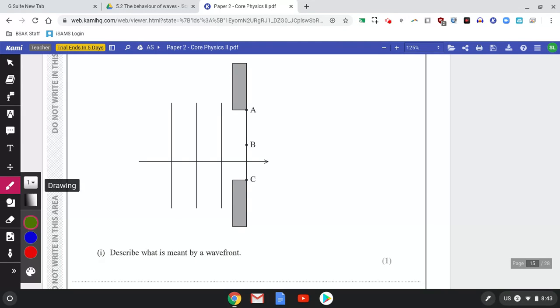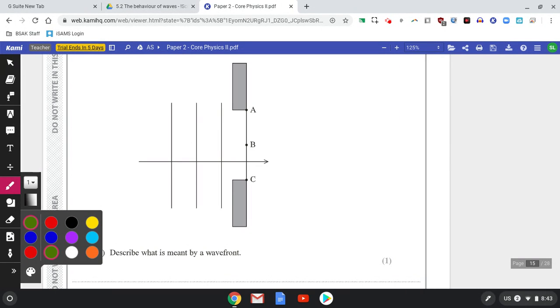Right, the next wavefront, which has to be in phase. Let's do A. There has to be the same wavelength, so this distance here is the same as the distance to the next wavefront. But it's not going to be plane, it's going to be semicircular.